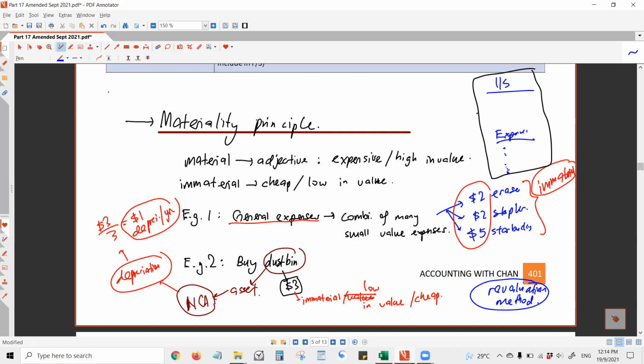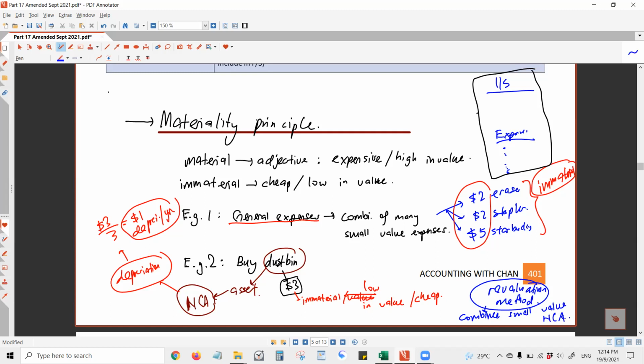You combine all the small value NCA, then you apply the revaluation method to calculate the depreciation. That's one way to solve it.